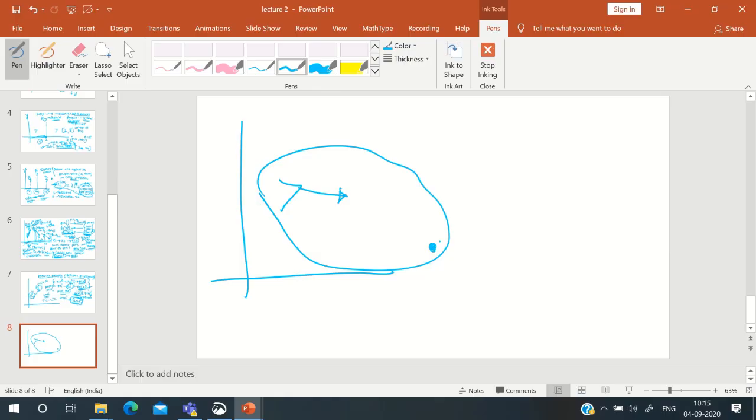I am trying to explain the concept to you. So the initial step length should be very high, and as you proceed towards the optimum solution, the step length should gradually decrease. Your step size should gradually decrease, and when you reach the optimum solution, the step length should become almost zero because you have reached the optimum solution.